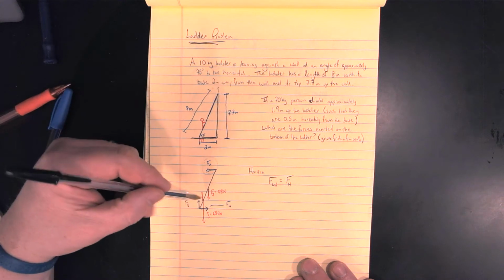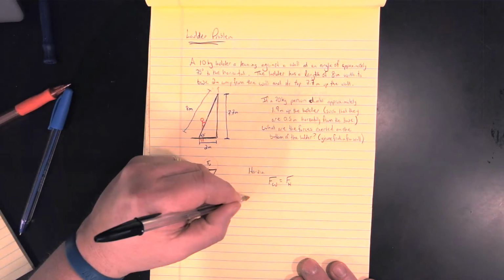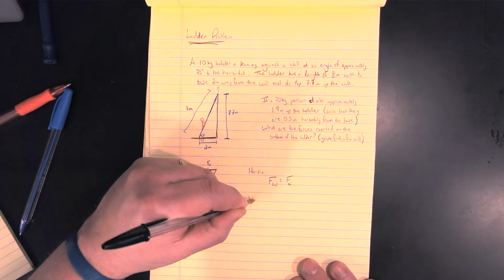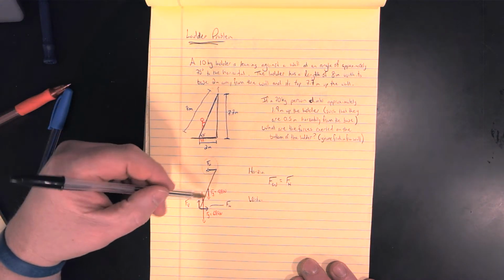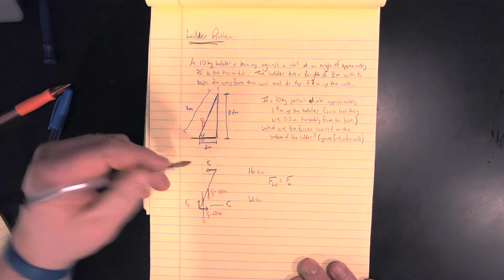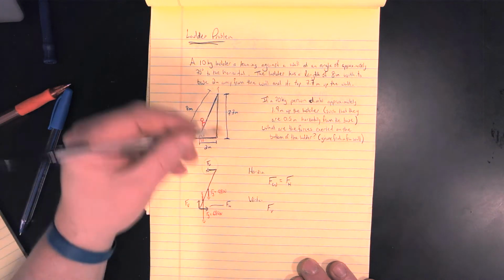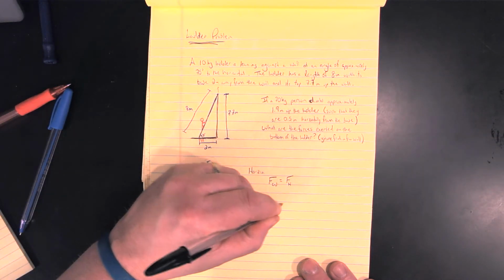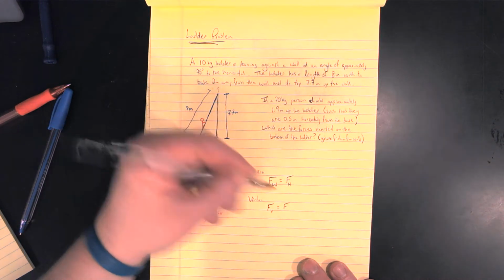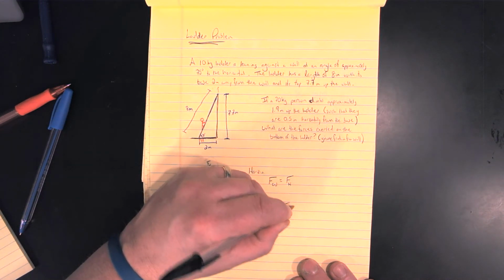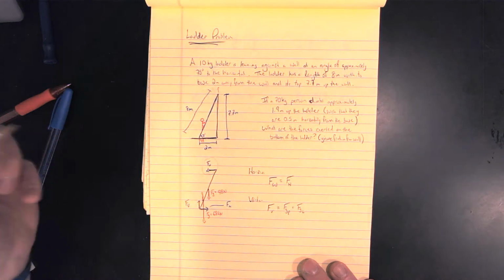I'm done. If I look at the verticals, there's a few more. I have the force vertical by the ground pushing back up, and then my two forces of gravity going down. So they have to be equal to each other: FG person plus FG ladder.